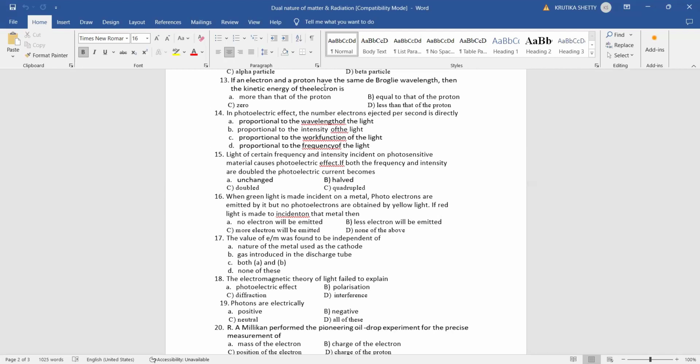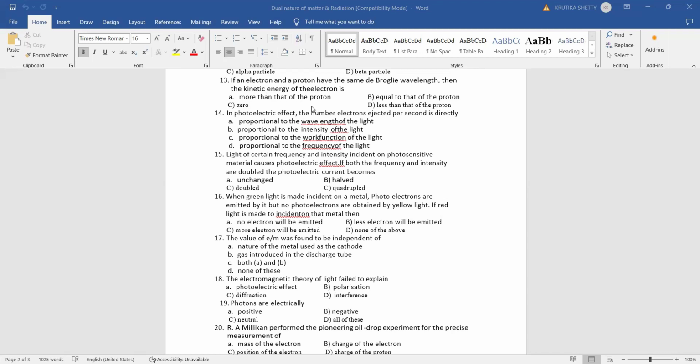If proton and electron have the same de Broglie wavelength, yes, it is option A, more than that of the proton.